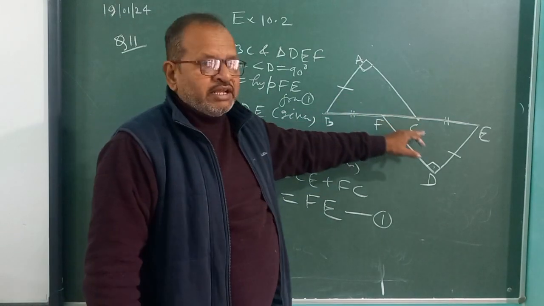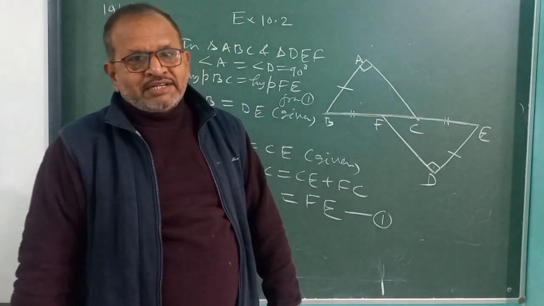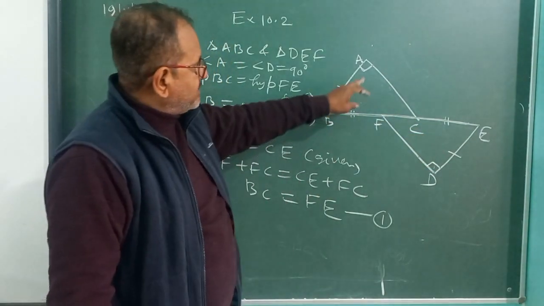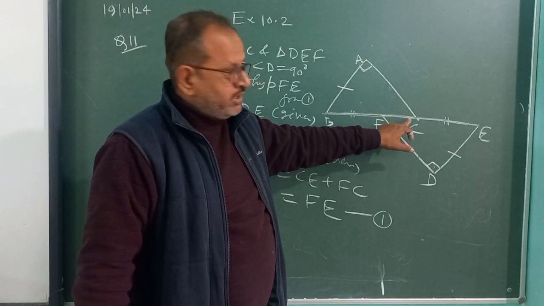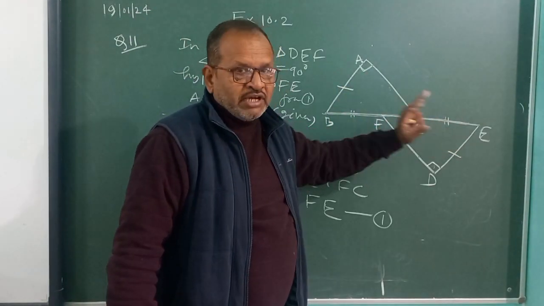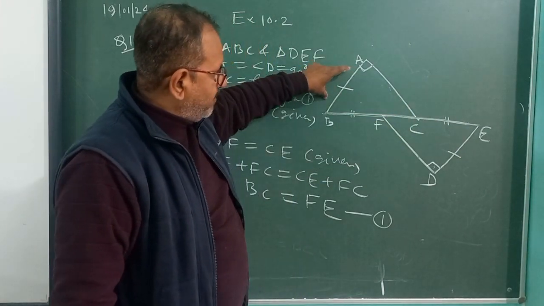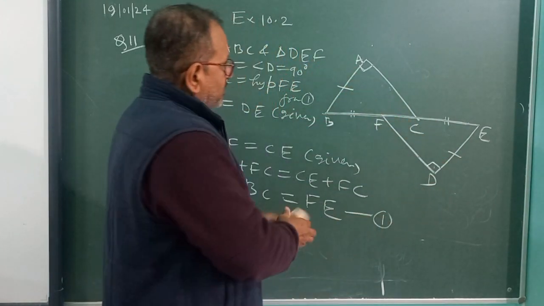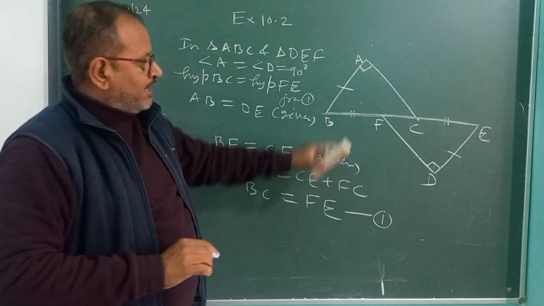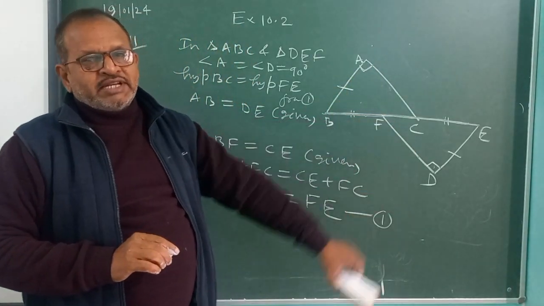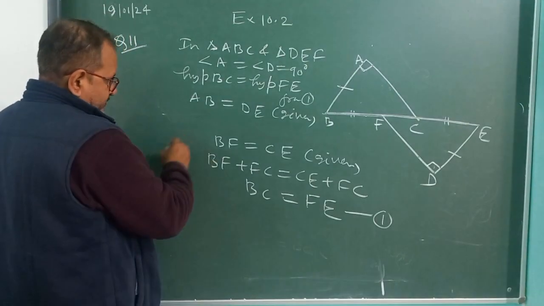So these two triangles are congruent by the condition RHS. RHS means one angle 90 degrees, hypotenuse BC and hypotenuse FE both are equal, and one side AB is equal to DE. So right angle, hypotenuse, side. By RHS both the triangles are congruent.